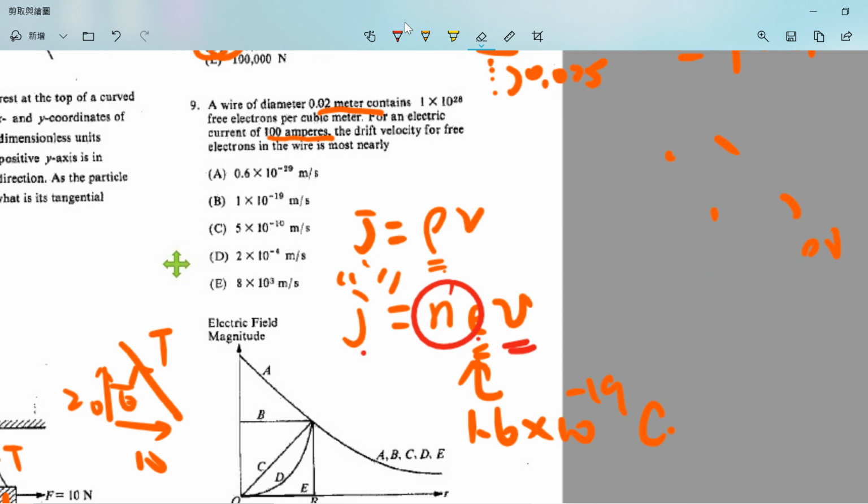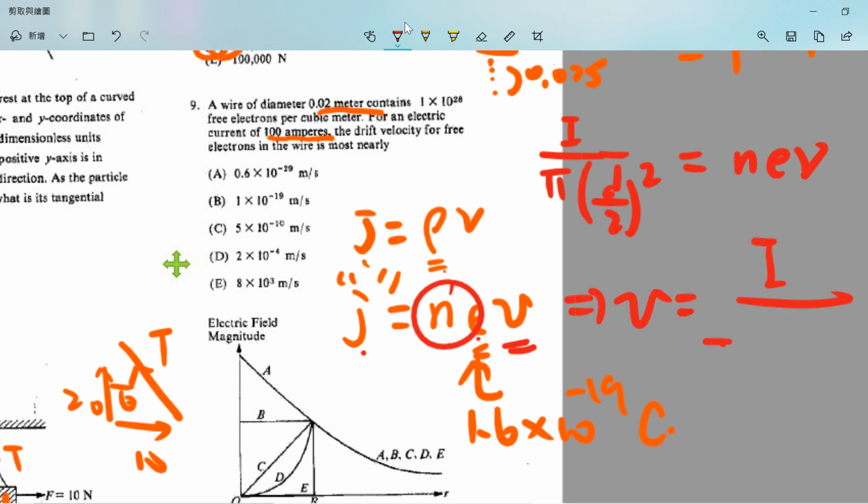Let me do the calculation. Basically, J is I over pi times (d over 2) squared, which equals n e v. So v is I over pi n e times (d over 2) squared. Nothing else to do, you just brute force the calculation.